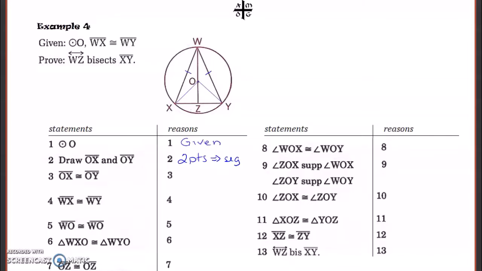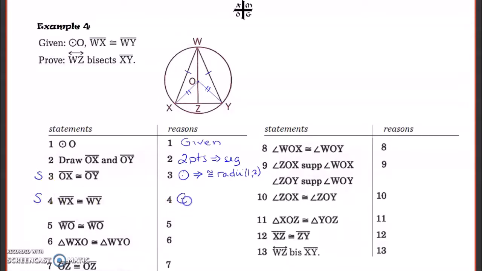And then we can say that OX is congruent to OY because if we're given a circle, then all radii of that circle are congruent. And we needed lines 1 and 2 in order to say that. Now that's going to be the first side of our triangle.